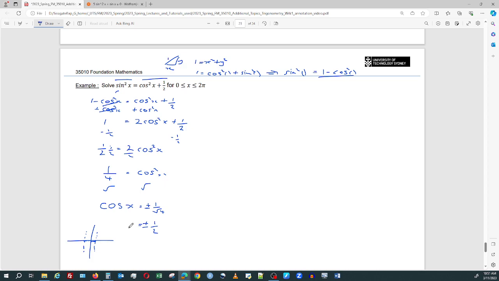Okay. So for the plus version, x is equal to pi on 3. That's our first one. Then you've got to count around. Get your 1, 2, 3, 4, 5 lots of pi on 3.